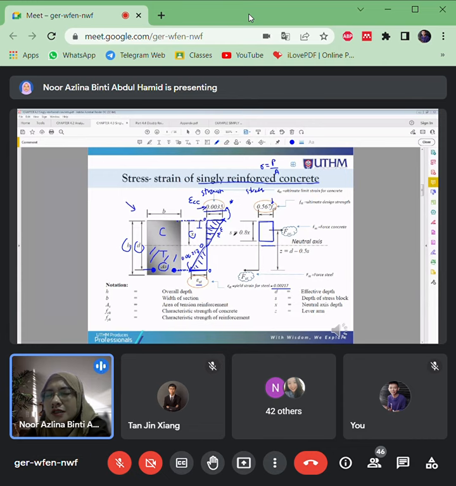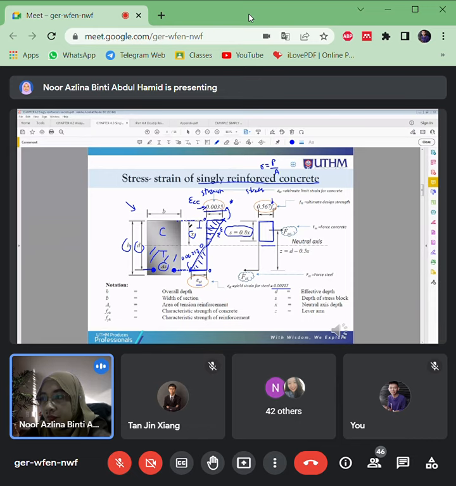So that means for the loading, we do not consider 100%, not the original. Kita buat some safety here, which is we consider about 0.8x here. Okay, dia punya depth.